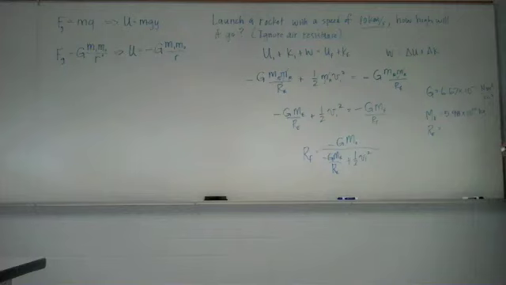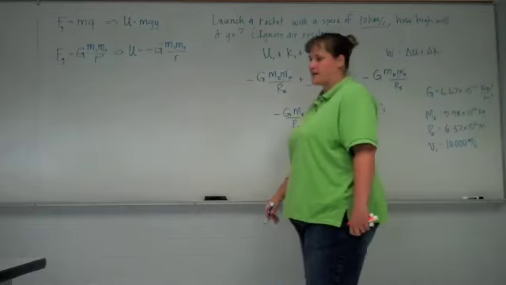I think it's in the back cover of your book. 6.37 times 10 to the 6th. Thank you. So G, mass of the Earth, radius of the Earth. Initial speed needs to be in meters per second, so 10,000 meters per second. Plug and chug all of that in.